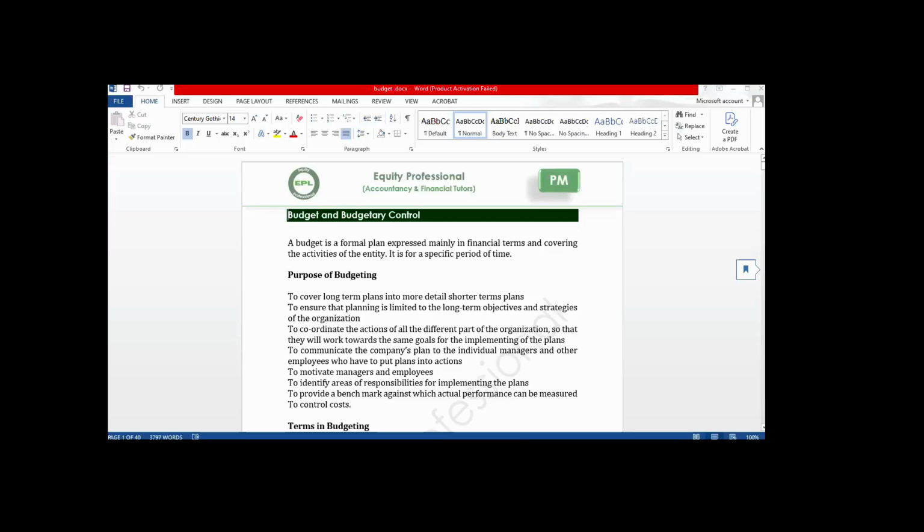We have functional budgets, otherwise known as operational budget.